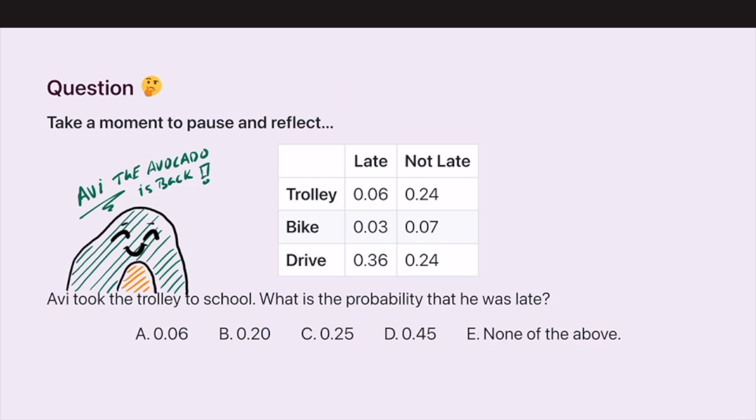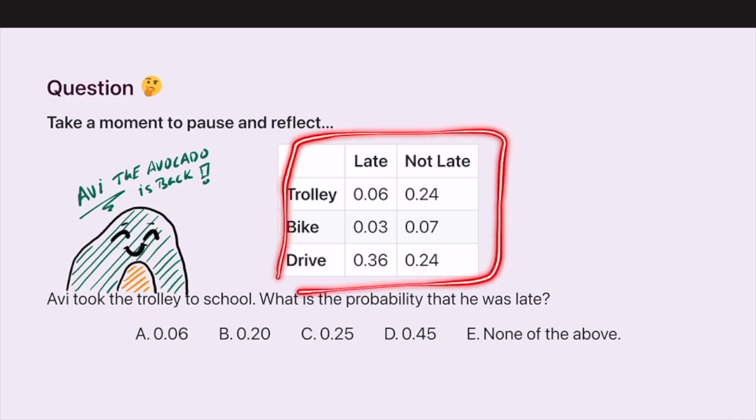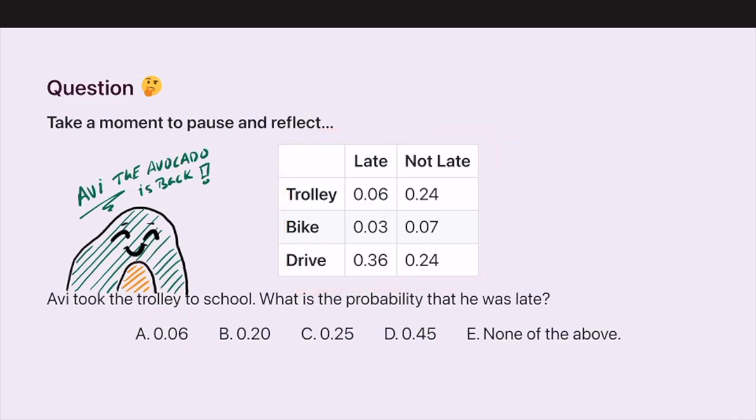All right, if you're looking at this table, you ask what's the probability that he was late? I see that Avi took the trolley and he's late, so 0.06. Boom, answer's A. And that is the incorrect answer, but logically it makes sense because we look at all this information and say, look at the table. However, the reason that's wrong is because we have this given right here: Avi took the trolley to school.